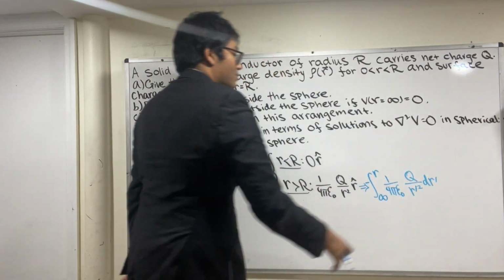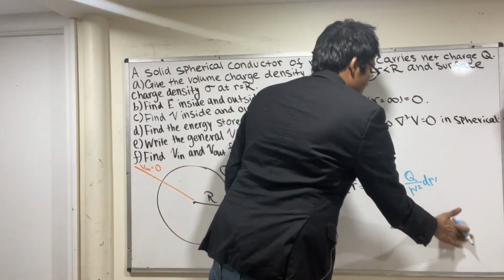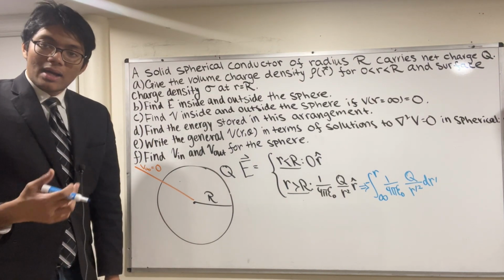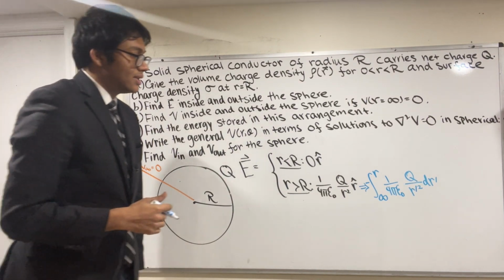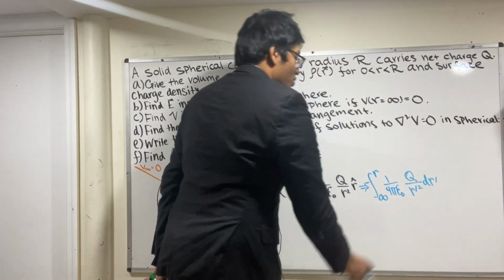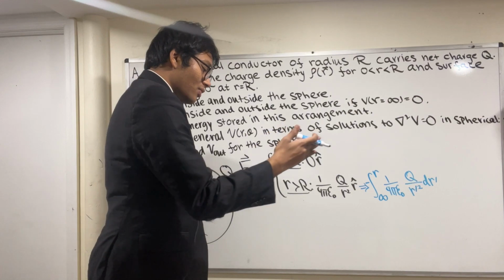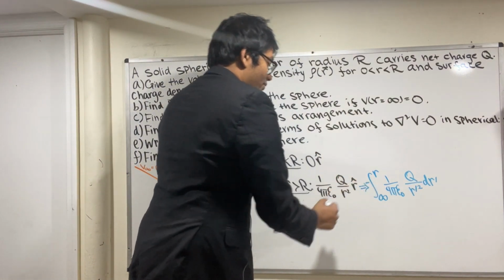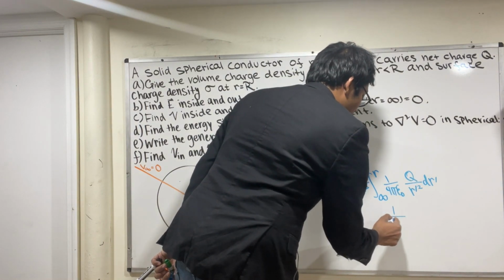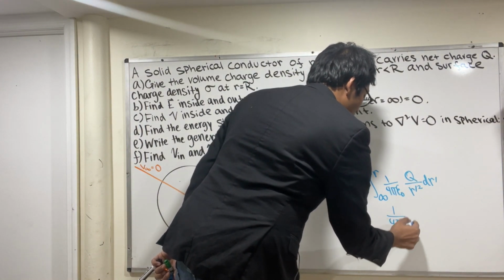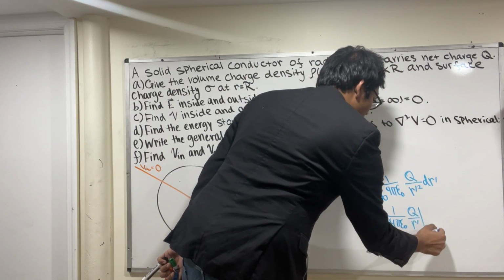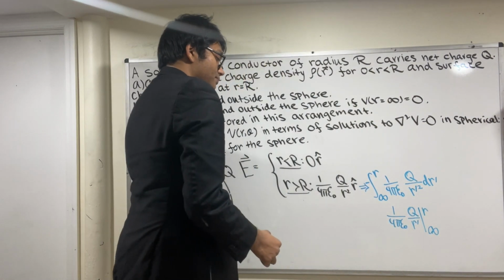I'm putting a prime on it because that is the variable I'm integrating over, a common practice in electromagnetism. The integral of 1 over r prime squared is minus 1 over r prime. Minus times minus gives you positive, so that you have 1 over 4 pi epsilon naught q over r prime, as r prime goes from infinity to r.